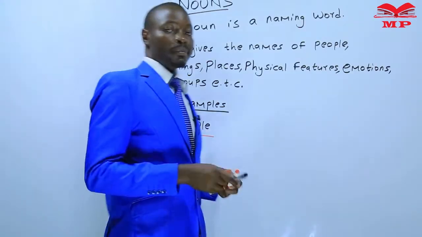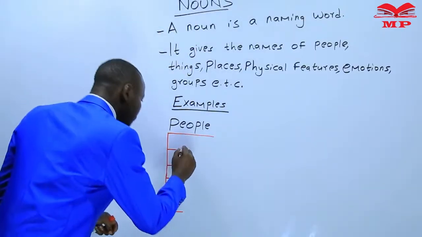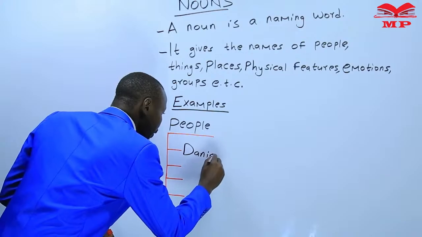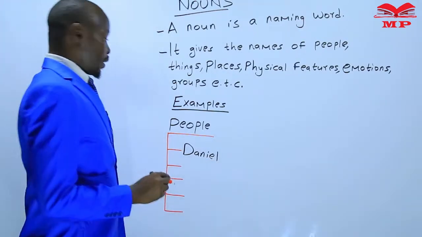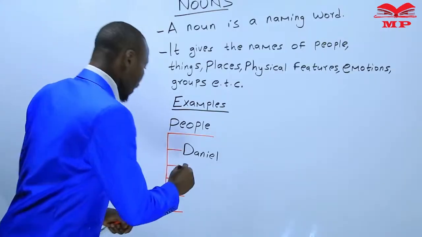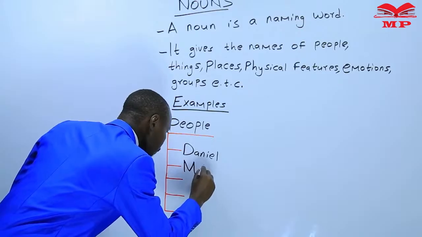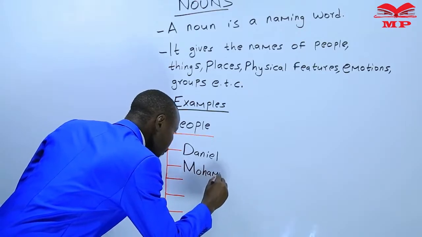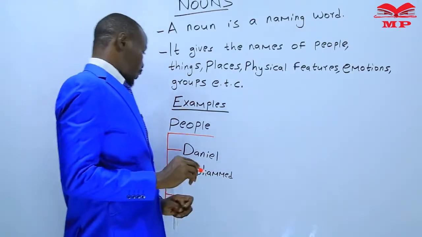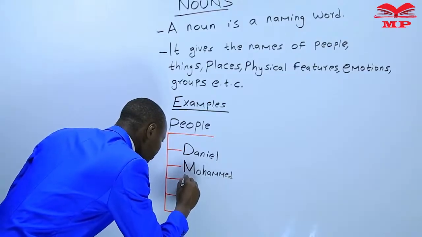So the first name, we can have Daniel. And Daniel is the name of a boy. The second example that we can use as a name of a person, we have Mohammed. And then the third one, we can use Mary.